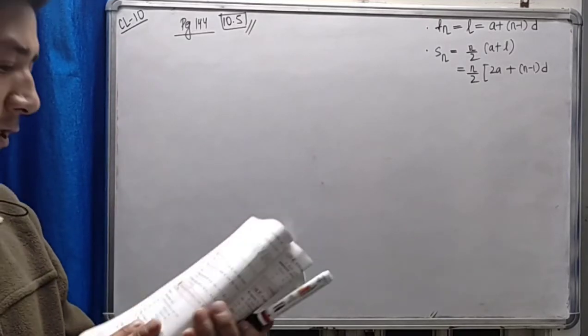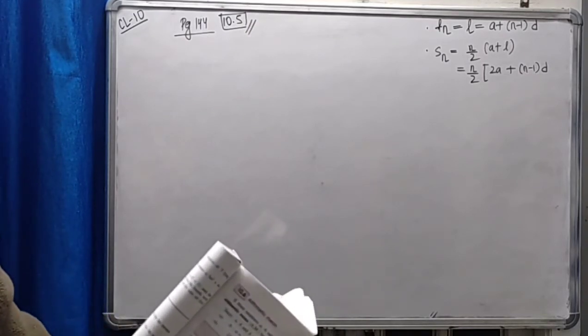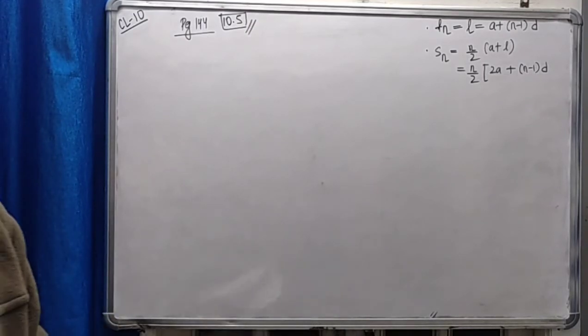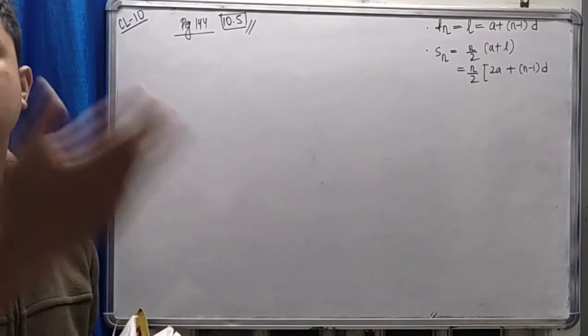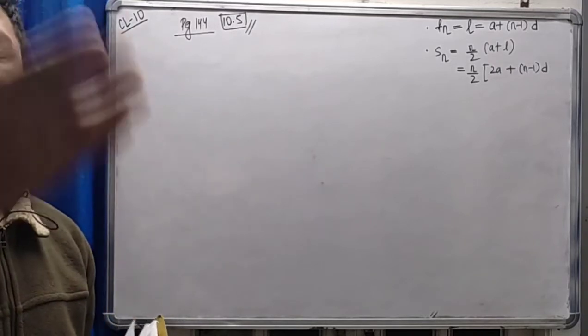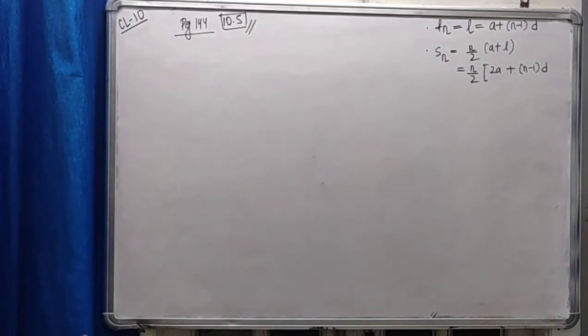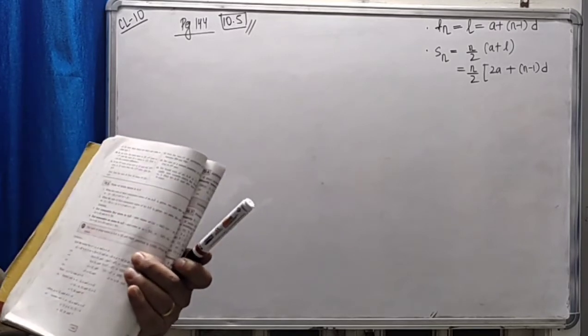Point number 1 says: when the sum of 3 consecutive terms of an AP is given. So when the sum of 3 consecutive terms, like first, second, third term, or second, third, fourth, or third, fourth, and fifth, is given to us, then we'll take the 3 numbers in this way: a minus d, a, a plus d.